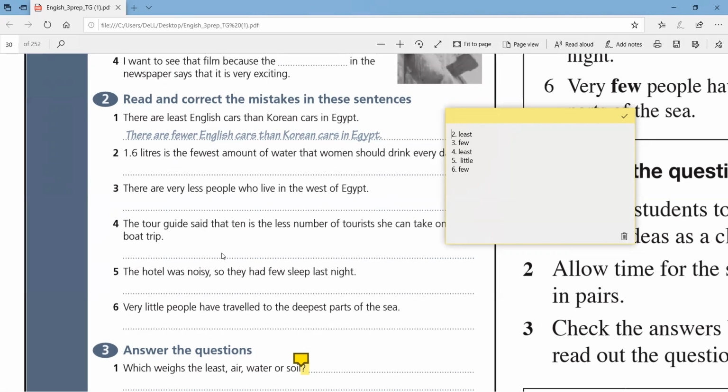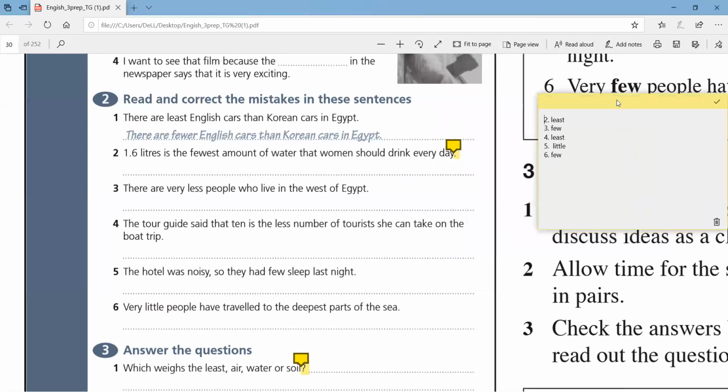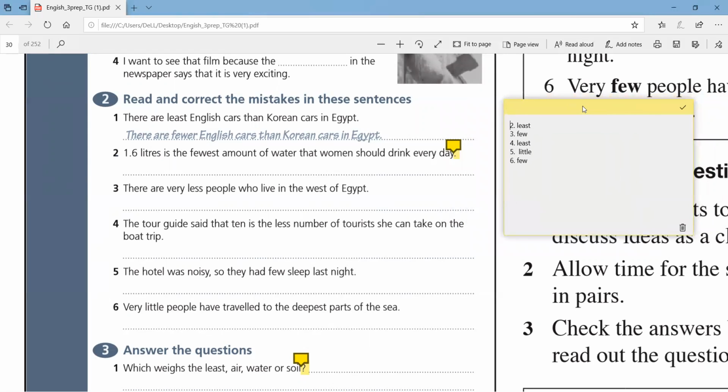Number four, the tour guide said that 10 is the less number of tourists she can take on the boat trip. Okay, so the right answer should be the tour guide said that 10 is the least number of tourists she can take on the trip.